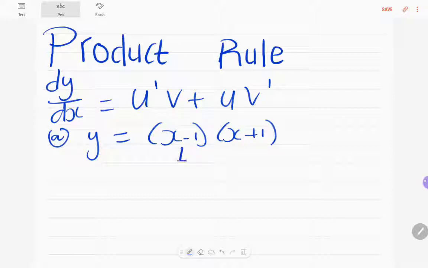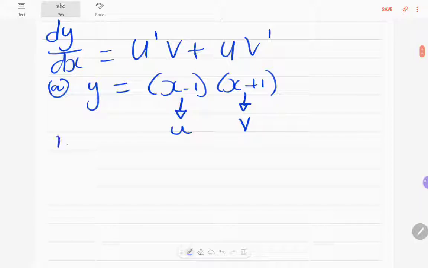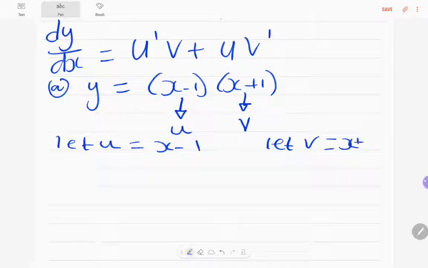The first term, we name it our u. The second term, we name it our v. Then we say let u be x minus 1 and we let v be x plus 1.